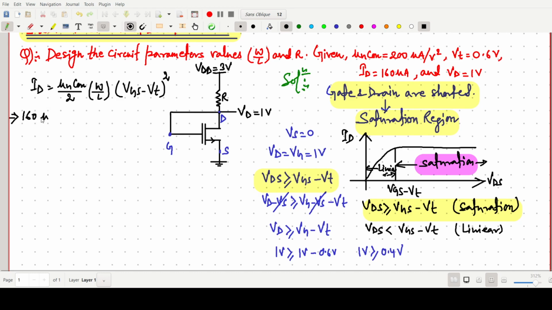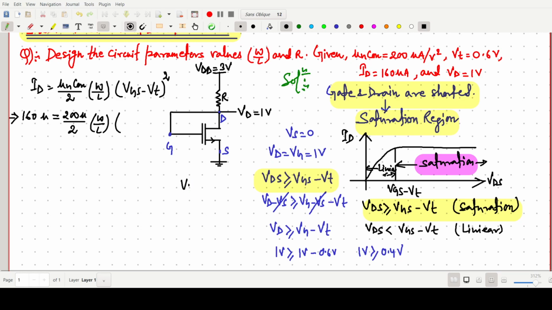Then mu n COX is given as 200 micro. No need to write the ampere and voltage units; they will cancel out. So mu n COX by 2 times W by L, which we have to find. Now VGS: VG is the same as VD.